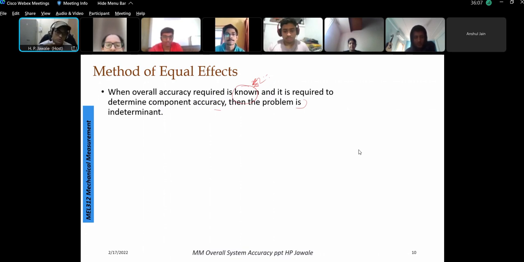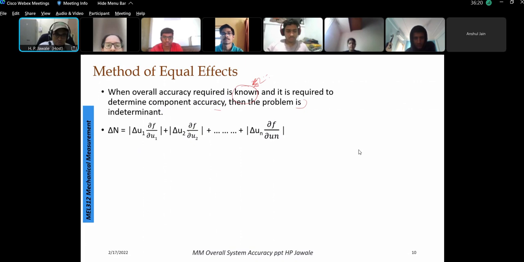So to solve this, at the very first instance, we try to distribute this accuracy in equal amounts on all the entities under measurement. As per our equations, now the problem becomes indeterminate because we are going to find this. This is unknown now. In the earlier case, the value of U1 was known because you carried out actual measurement, and you found that the error is something plus minus 0.04 pounds, the measurement error in the force, right?